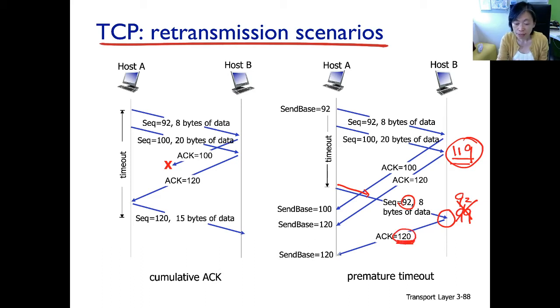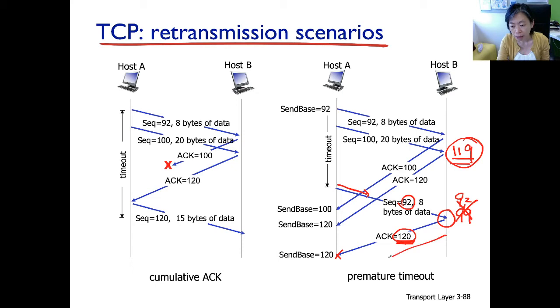Good thing is this, when ACK 120 arrives at the sender, well, y equals 120, which equals send base. Therefore, this packet is going to be what? Out of any of the three transitions, we ignore it. Sender does nothing.